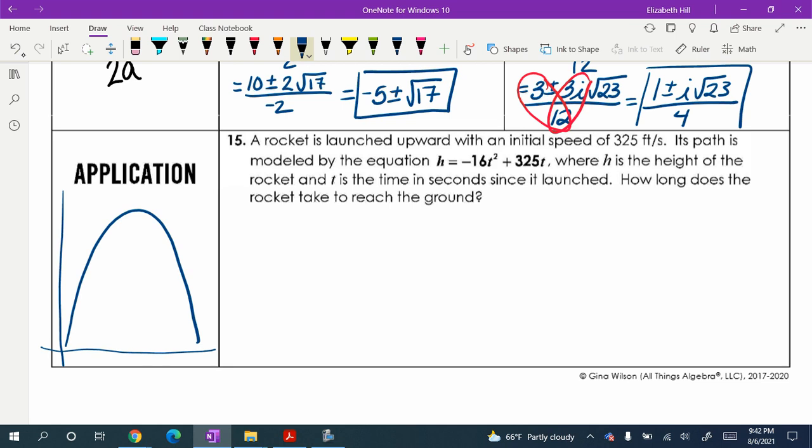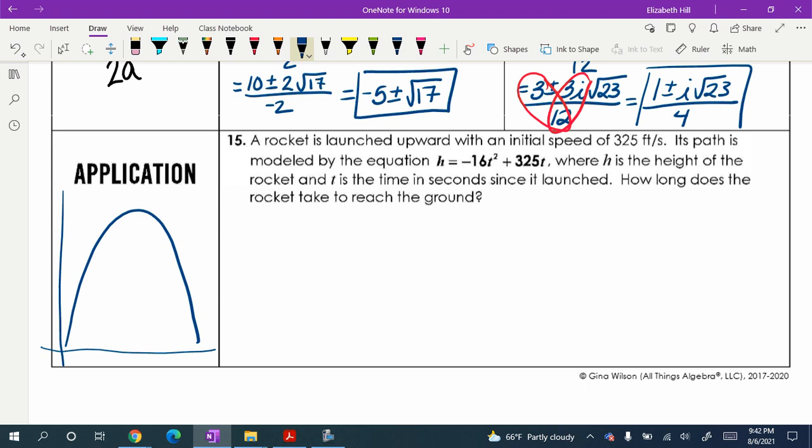When you throw something up in the air, it's going to come back down. So here you've got a quadratic that you need to solve for. Now there's different ways that you can approach this. You could use any of the ways that we just talked about, okay?